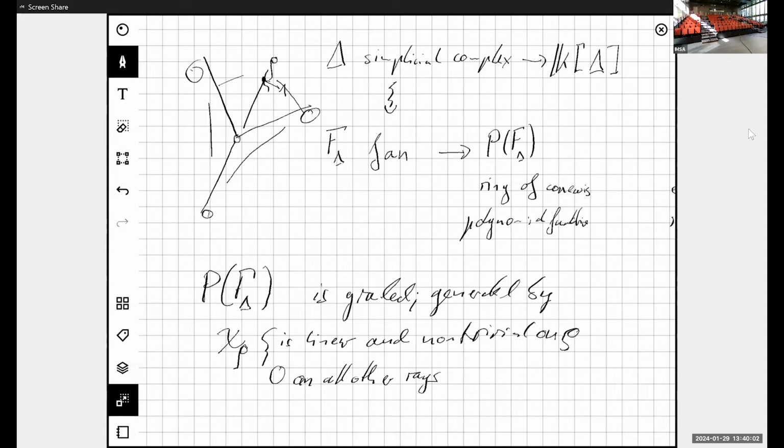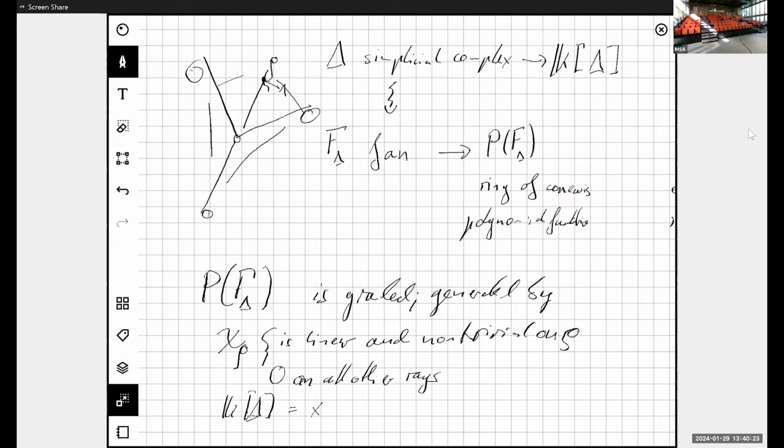And it turns out these generate. Now, k of delta is also generated by some variables associated to vertices.